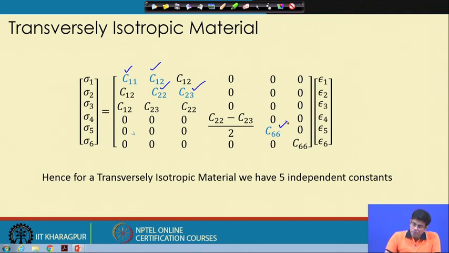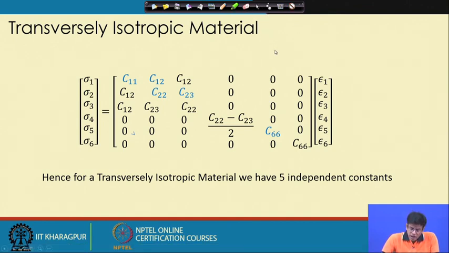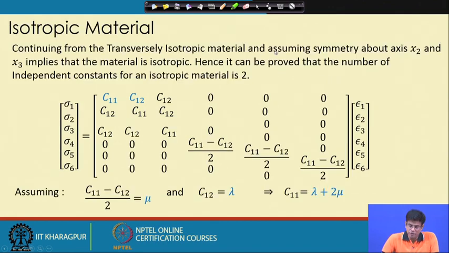Now, if you have derived it for transverse isotropy, then we can derive it for isotropy very easily. In the case of transverse isotropy, we have seen that it is for one plane of isotropy.